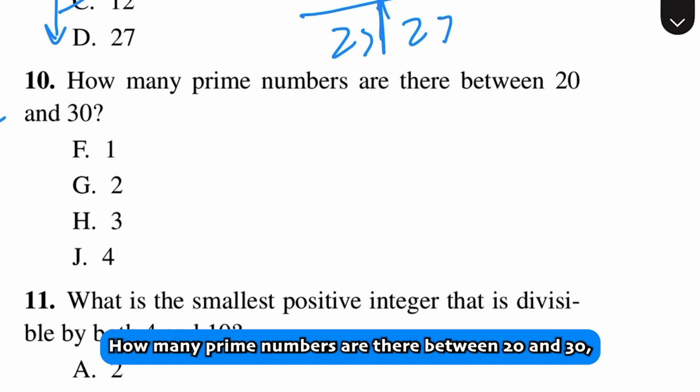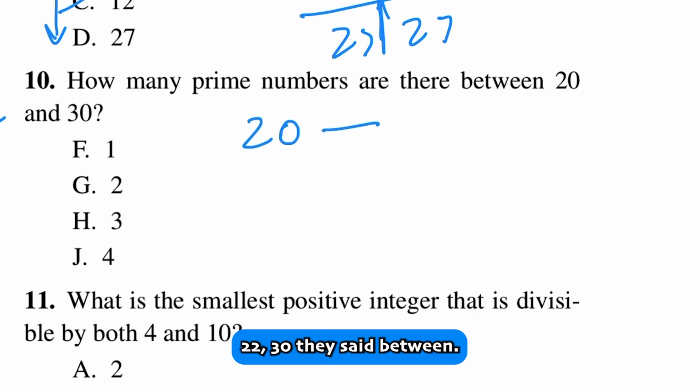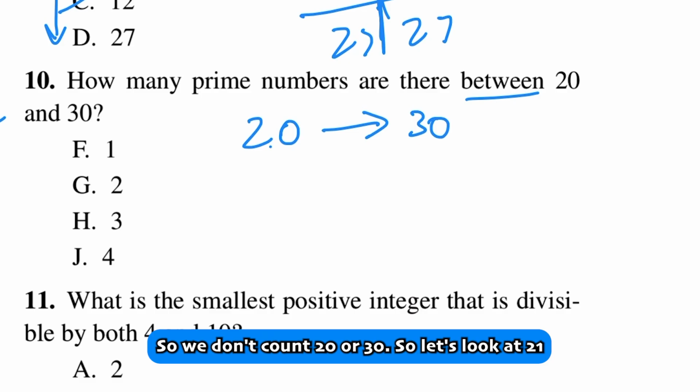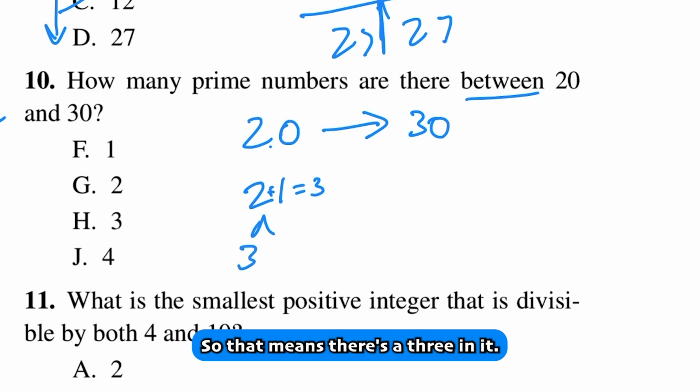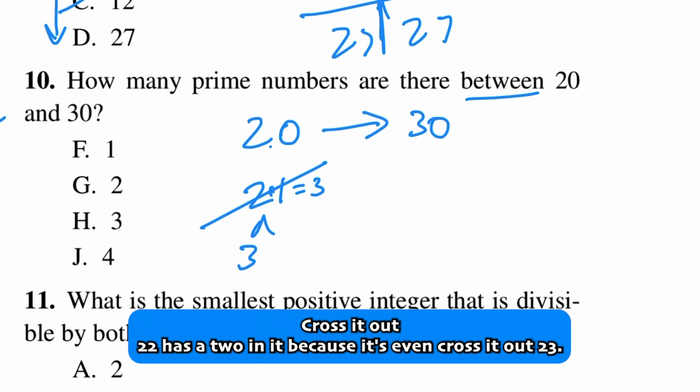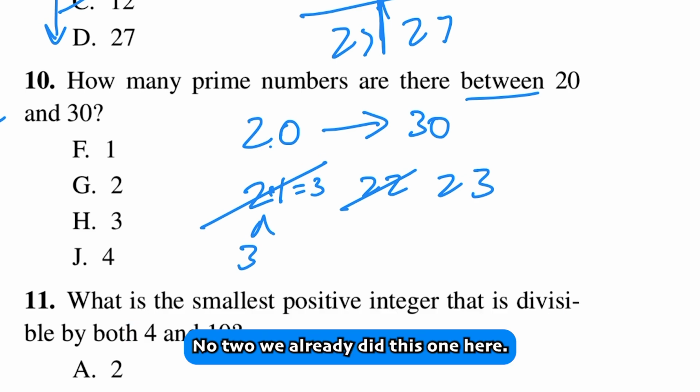How many prime numbers are there between 20 and 30? 20 to 30. They said between, so we don't count 20 or 30. So let's look at 21. 2 plus 1 equals 3. So that means there's a 3 in it. Cross it out. 22 has a 2 in it because it's even. Cross it out. 23. No 2.